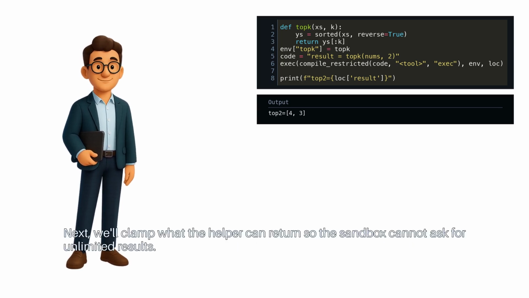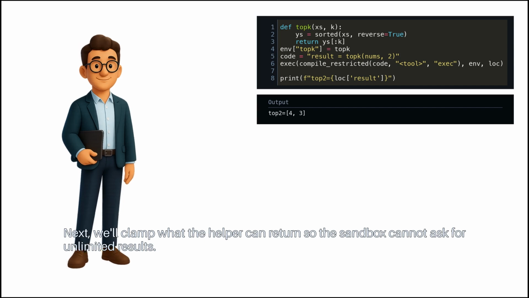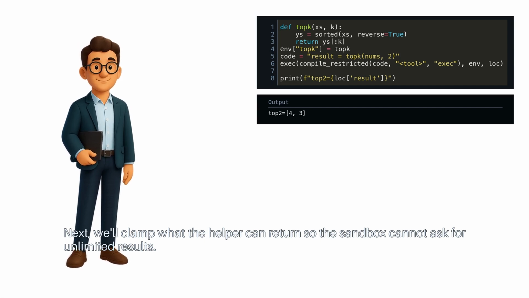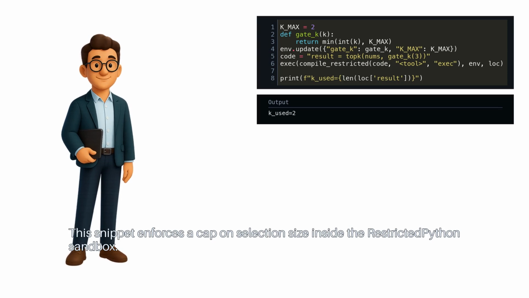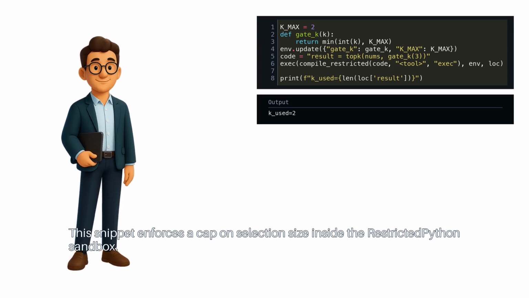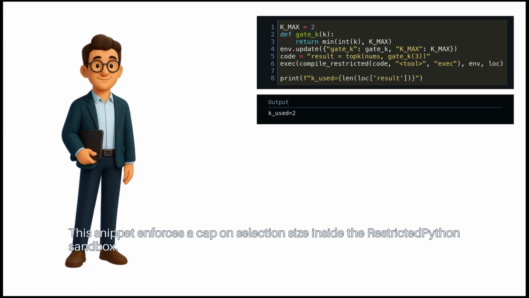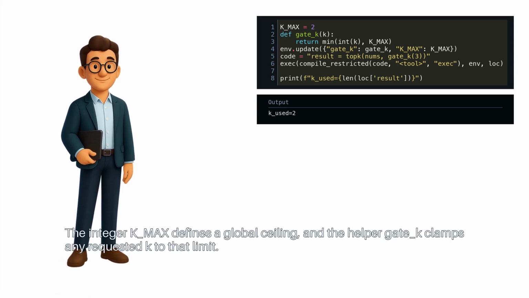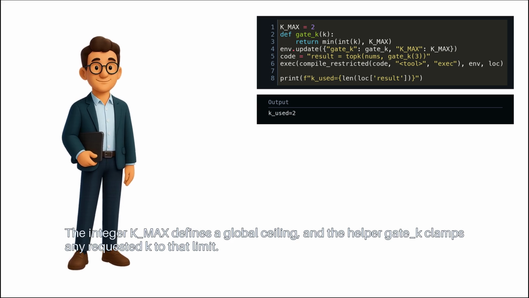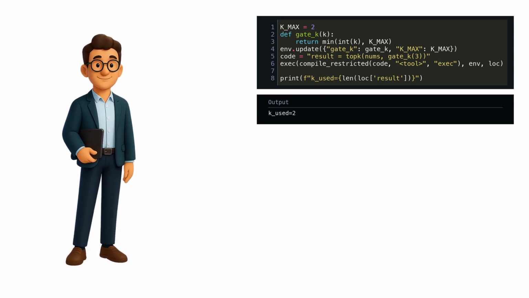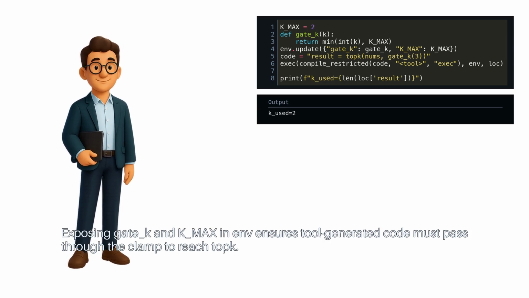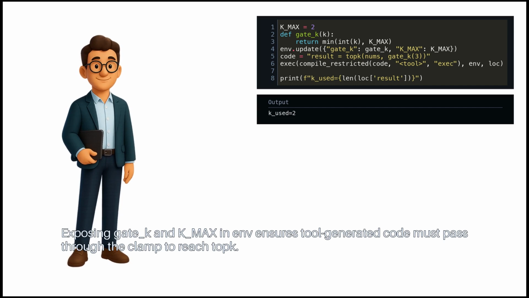Next, we'll clamp what the helper can return, so the sandbox cannot ask for unlimited results. This snippet enforces a cap on selection size inside the RestrictedPython sandbox. The integer kmax defines a global ceiling, and the helper gate_k clamps any requested k to that limit. Exposing gate_k and kmax in env ensures tool-generated code must pass through the clamp to reach topk.